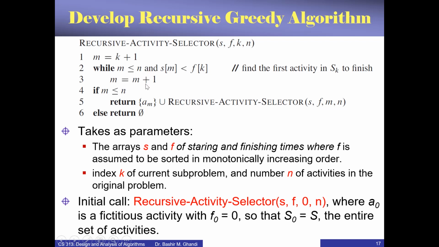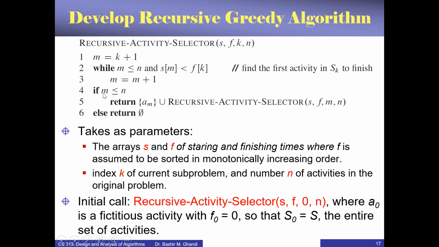We have to increase m to the next one. So keep increasing m by 1 until you find an activity that starts after the finishing time of the current activity. Okay, so when you do that, the loop will stop. It means you have found another activity that is compatible.